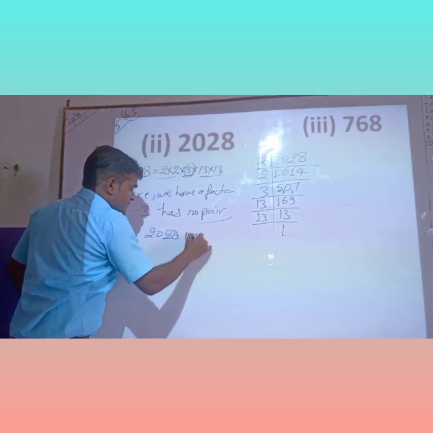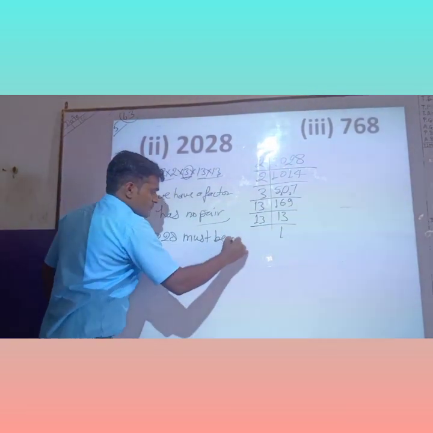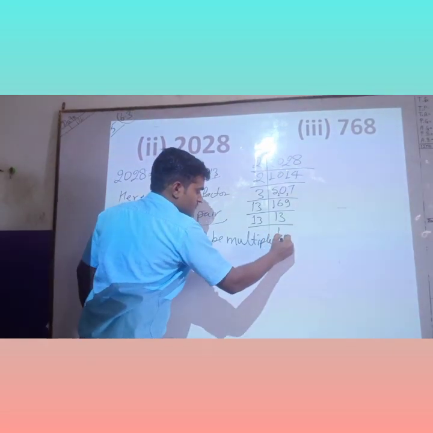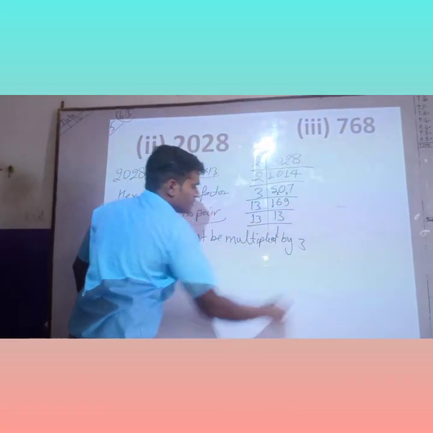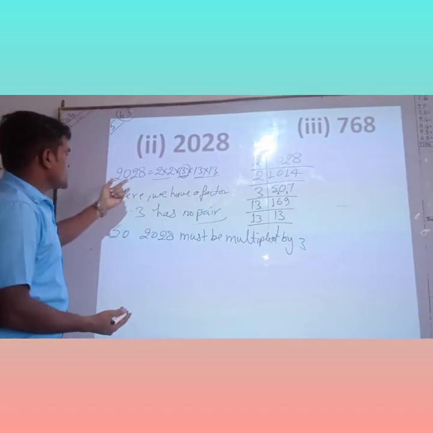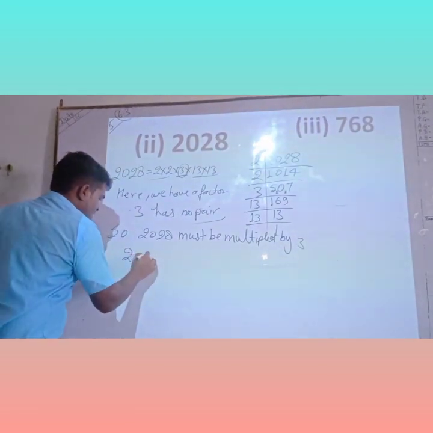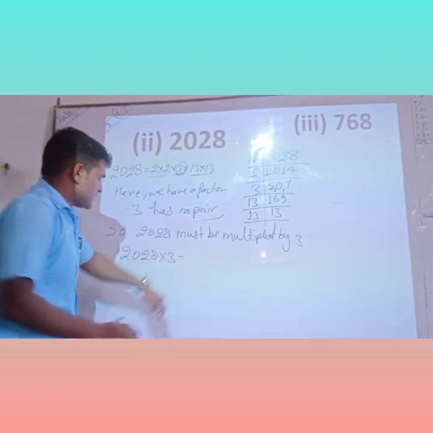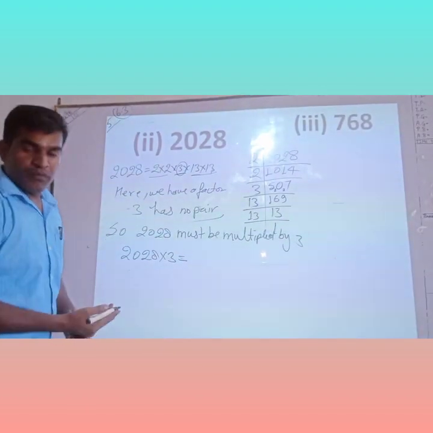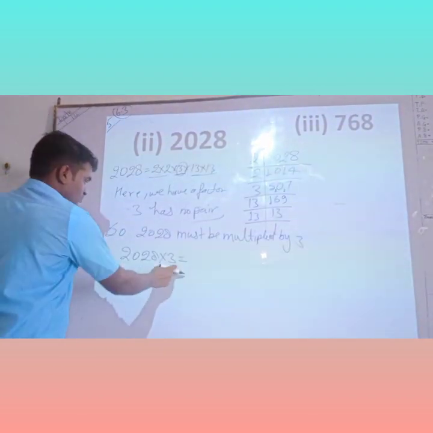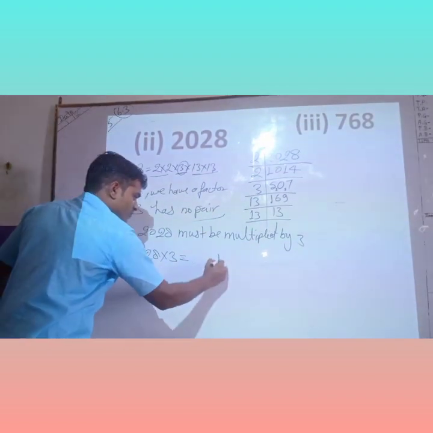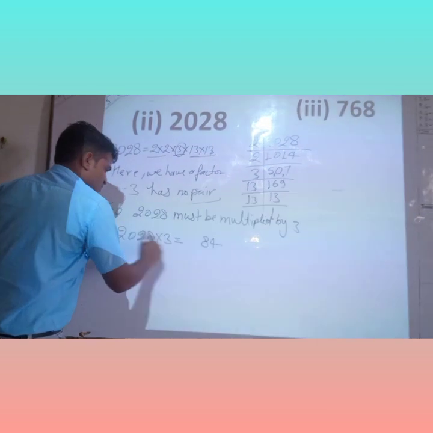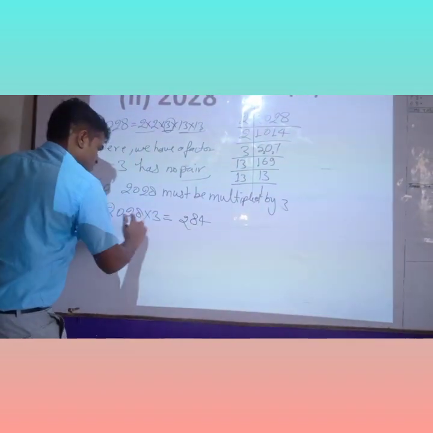So 2028 must be multiplied by 3 to get a perfect square. When 2028 is multiplied by 3, we get a number which is a perfect square. 3 times 8 is 24, 3 times 2 is 6 plus 2, 3 times 0 is 0 plus 0, 3 times 2 is 6.